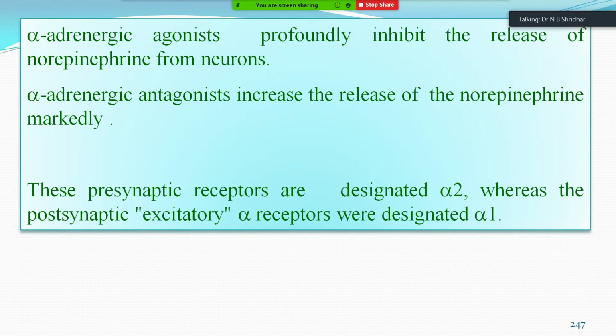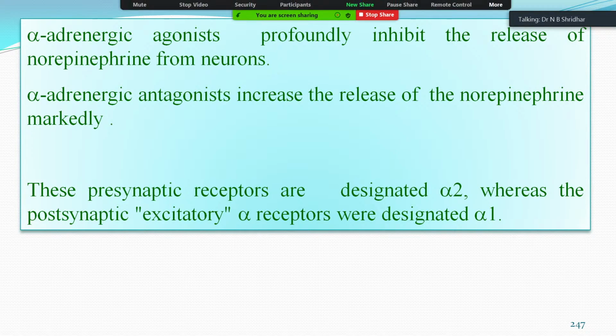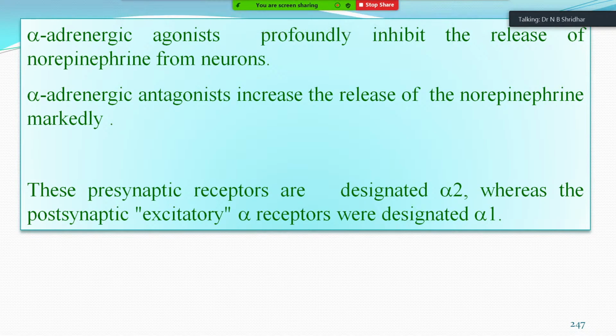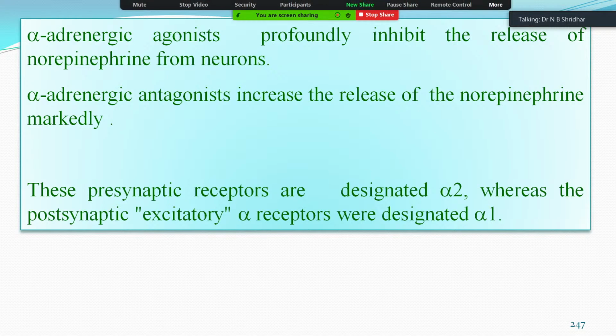Alpha adrenergic agonists profoundly inhibit the release of norepinephrine from the neurons. Usually the alpha 2 receptors, presynaptic in location, inhibit the release of norepinephrine from the neurons.